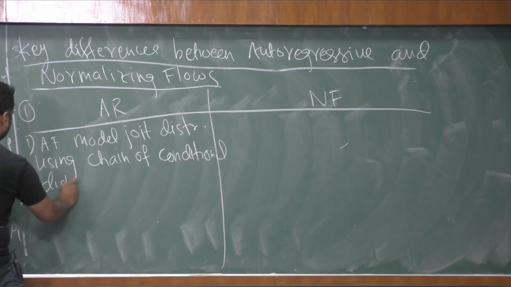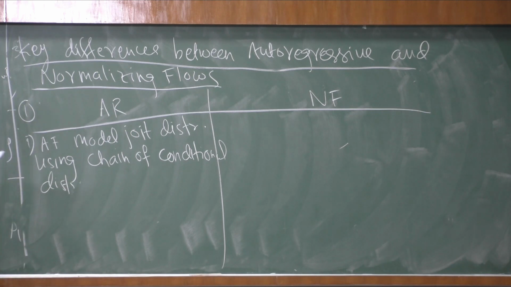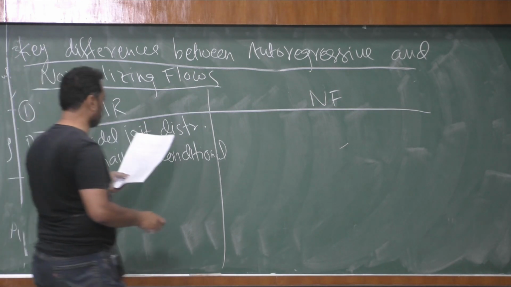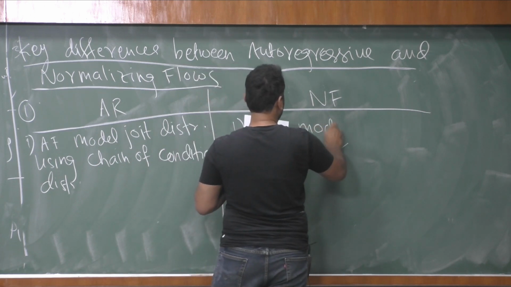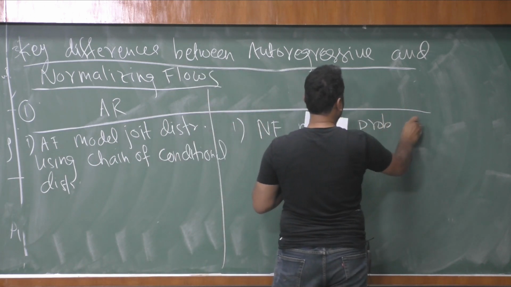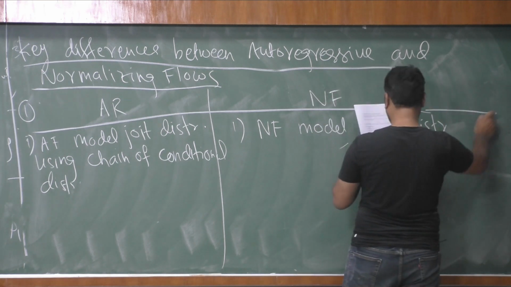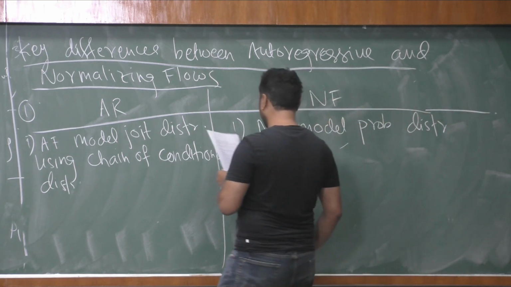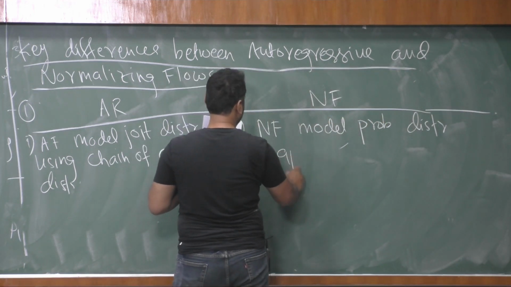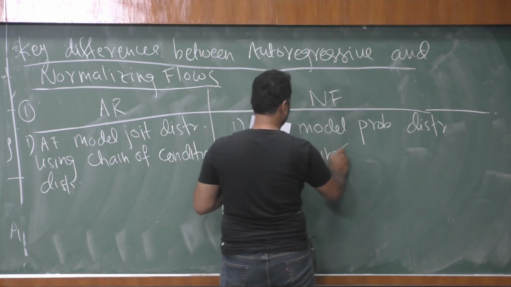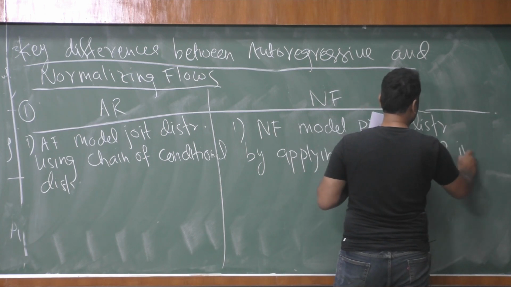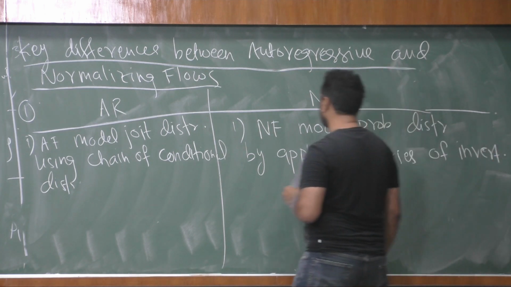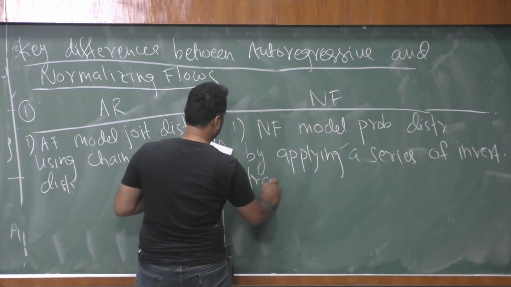Whereas normalizing flows model probability distributions by applying a series of invertible transforms.